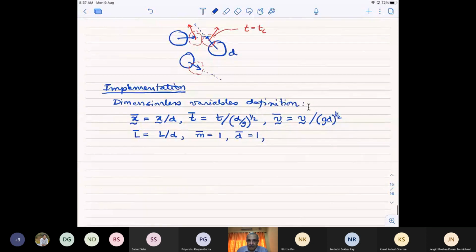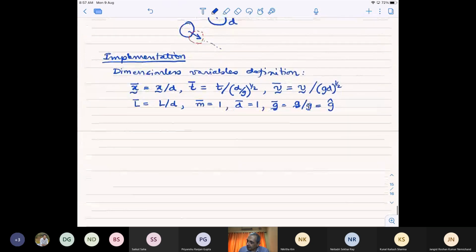And then the dimensionless gravitational vector is equal to the gravitational vector divided by its magnitude. So that is nothing but the unit vector in the direction of gravity. By making things dimensionless, the equations become a lot simpler.